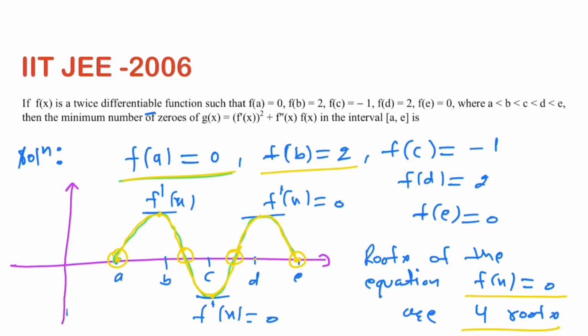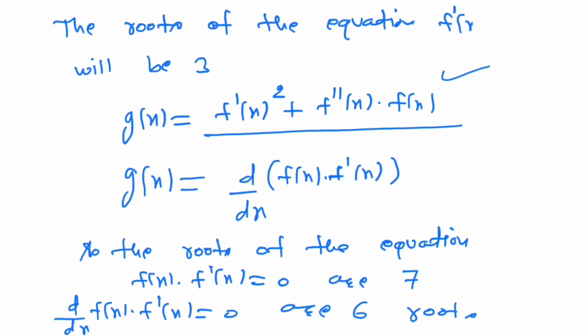Maybe more; the number of roots of f'(x) equals 0 may be more than 3. That's why we say the minimum is 3. So the minimum number of roots of f(x) equals 0 are 4, and f'(x) equals 0 are 3. So the equation f(x) into f'(x) equals 0 will give 7 roots.